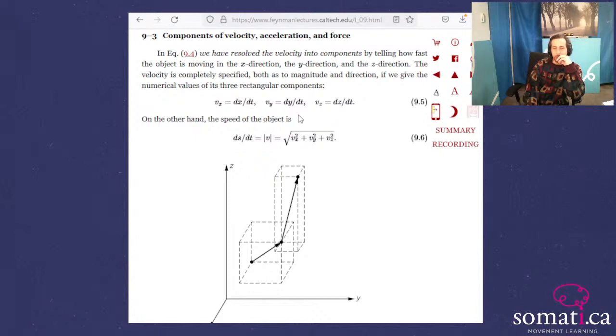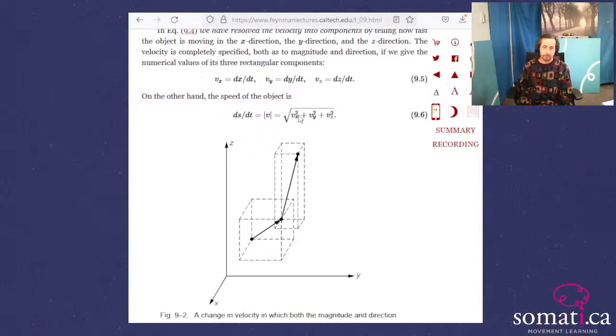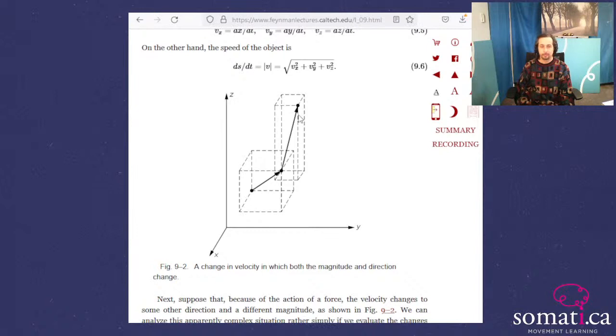And just more notation. The change in x with respect to time is velocity in the x direction, etc. Speed is the absolute value of the velocity, Cartesian, or whatever, the length, the distance.